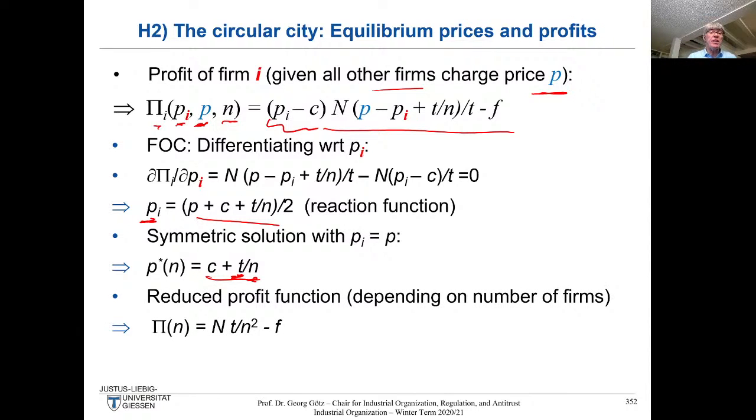And of course, then we get the reduced profit function, depending on the number of firms. We just substitute this price up here into our profit function.